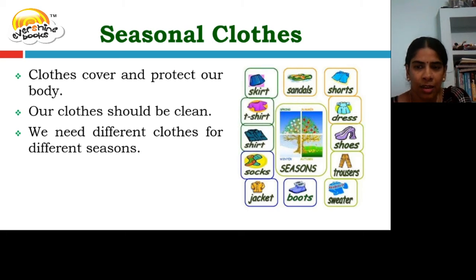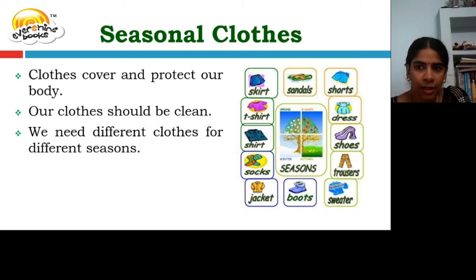Yes, we have 4 seasons: spring, summer, winter and autumn. Repeating again, what are the four seasons? Spring, summer, winter, and autumn. So, what are the different clothes you are going to wear?